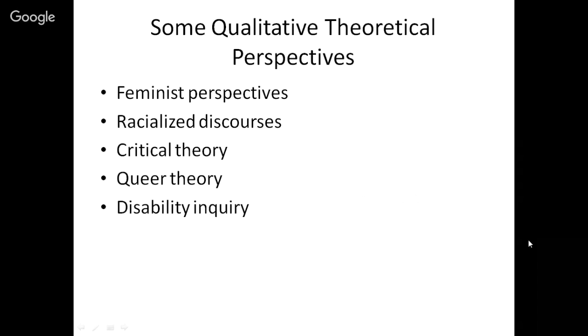You can't, as a non-disabled person, try to interpret their world, especially without any kind of insight from them. And so you must be centered in and located in time and space as a disabled person to understand their worldview and their perspective on phenomena in the world. And so that goes again for queer theory, critical theory, other racialized discourses, and feminist theory.